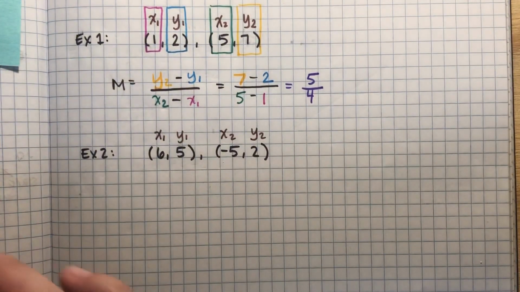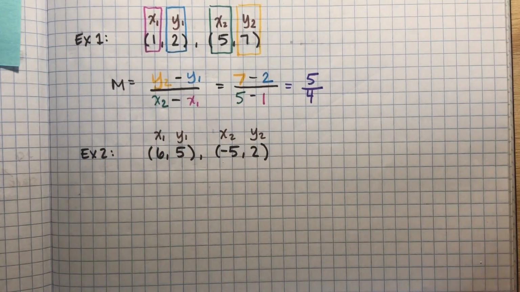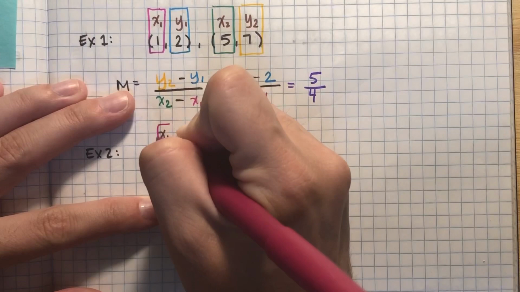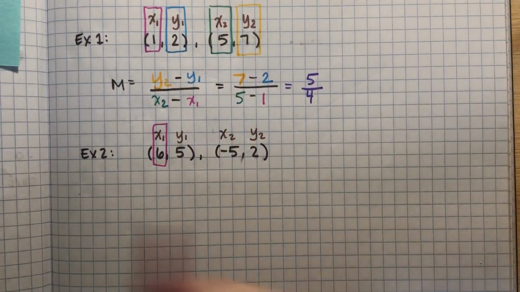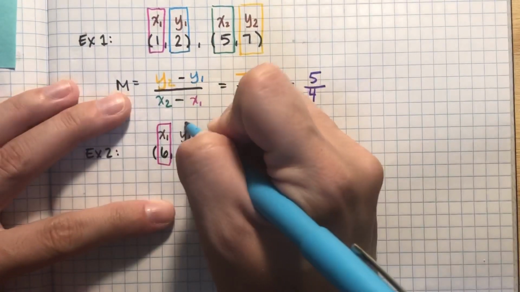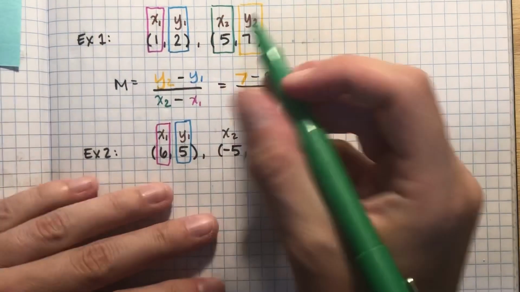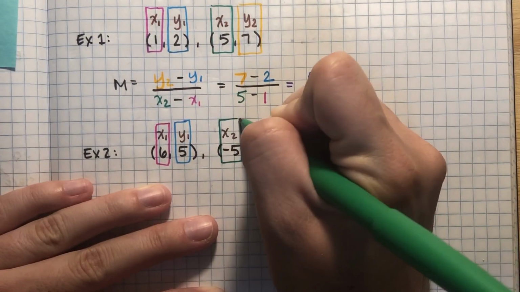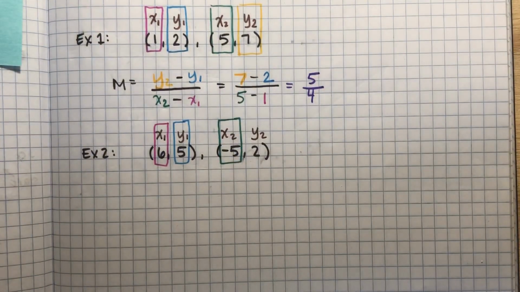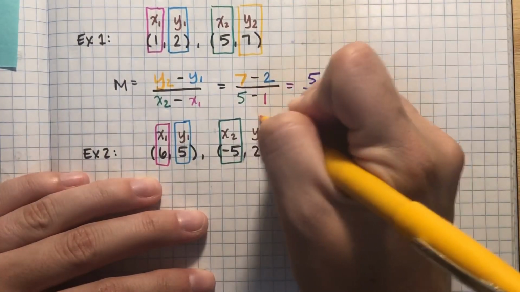And then I can line up my colors. Not completely necessary, but if it is something that helps you, then by all means, you can do this as well. My x sub 2 is negative 5, and my y sub 2 is 2.